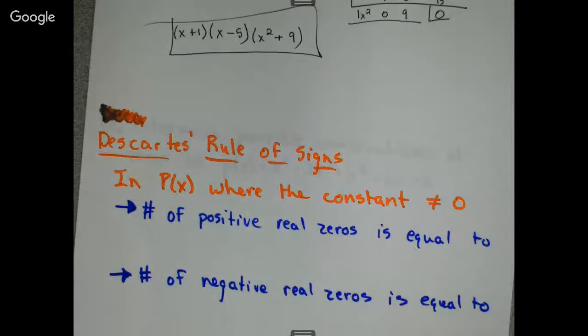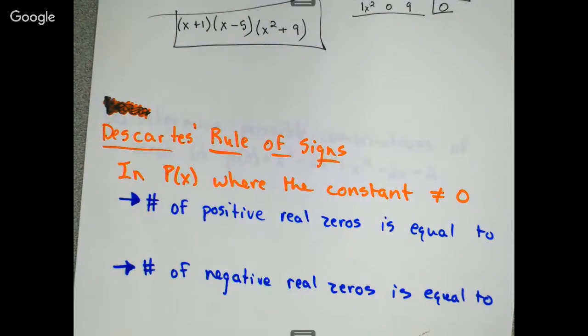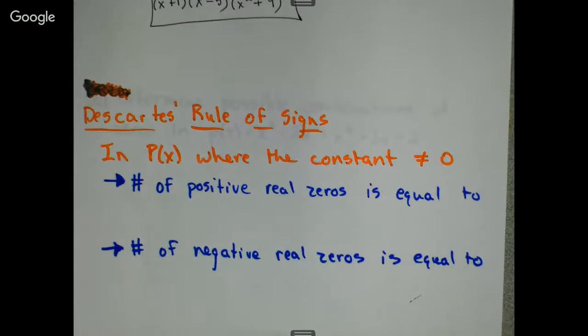Now we can narrow our zeros down a little bit more. So we have what's called the Descartes Rule of Signs.